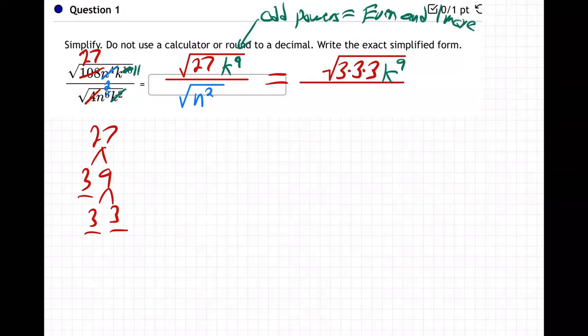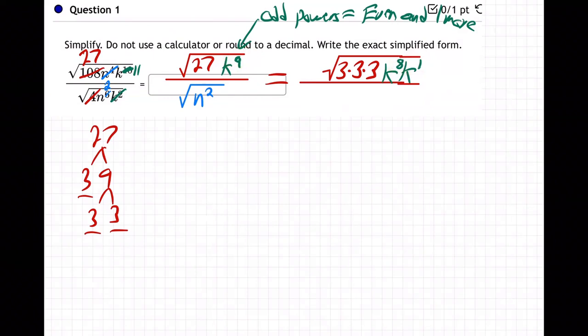We say an odd power is even, and then there's one more. So it's going to be k to the 8th, k. Tracking with me? That's how we would write k to the 9th. K to the 9th is k to the 8th and one more k. That's still 9. You see, 8 and 1 is still 9. We just make it even so that we can divide the power in half.